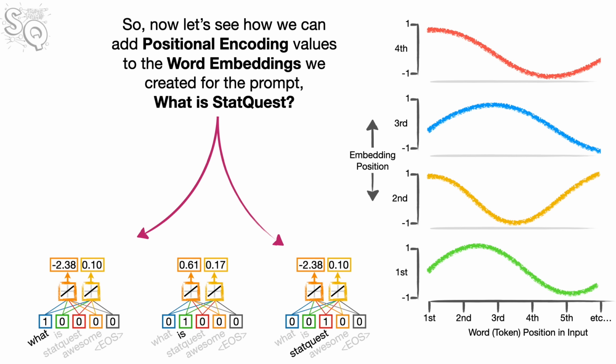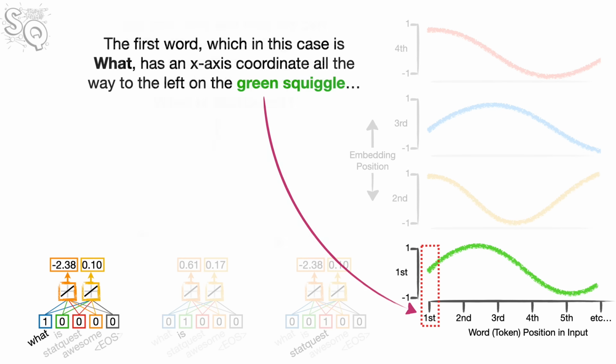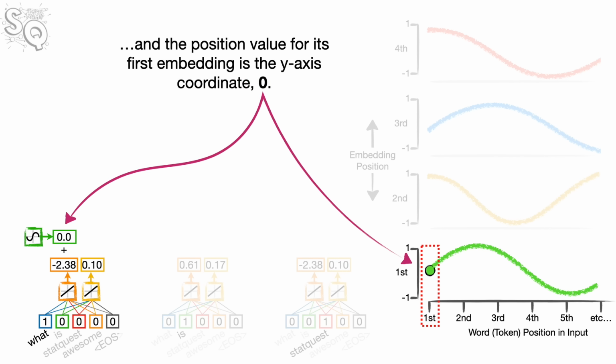So now let's see how we can add positional encoding values to the word embeddings we created for the prompt, what is StatQuest? The first word, which in this case is what, has an x-axis coordinate all the way to the left on the green squiggle. And the position value for its first embedding is the y-axis coordinate 0.